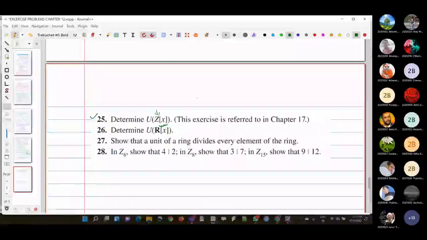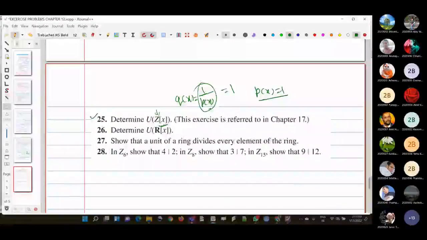So which of them will have inverses? Take a polynomial that has an inverse. Now the inverse should also have integer coefficients. So what kind of polynomial should this be? This should be equal to 1. That is, p(x) equals 1 is the only element here which is a unit with a multiplicative inverse.